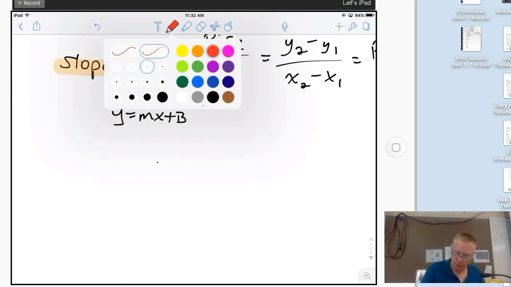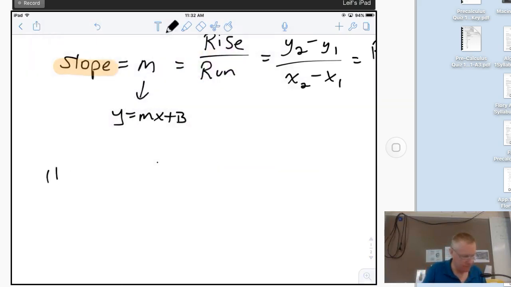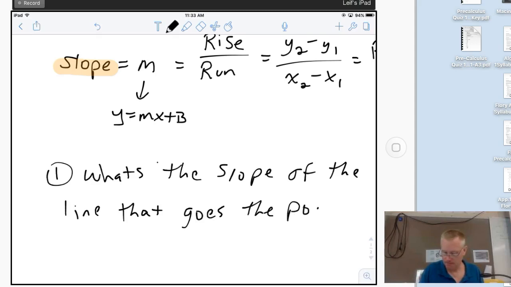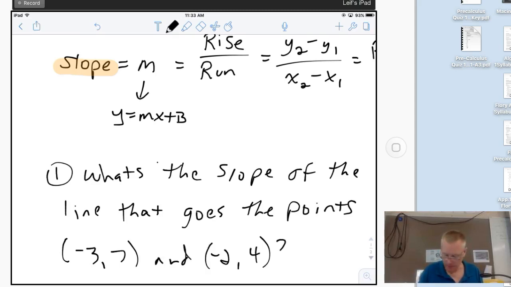I'm going to jump in with number 1 here. What's the slope of the line that goes through the points -3, 7, and -2, 4?